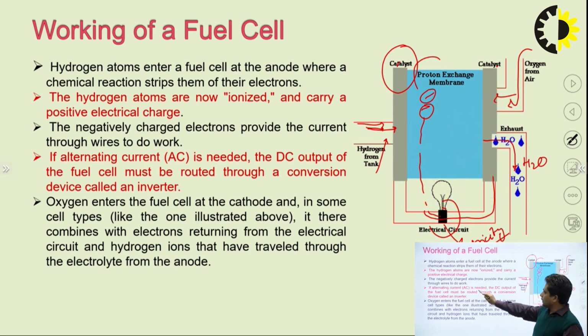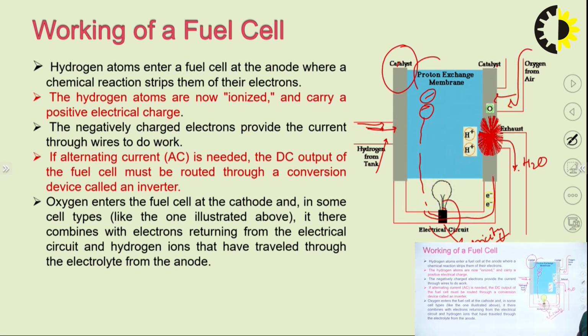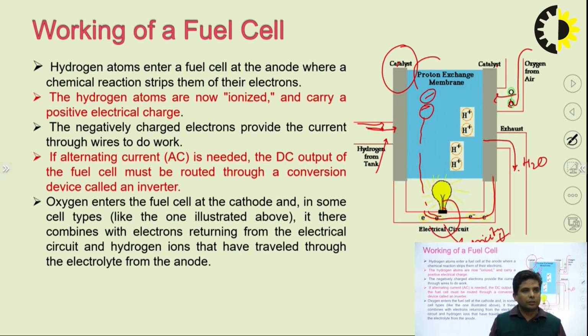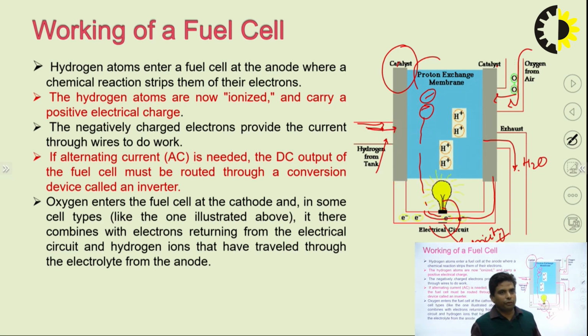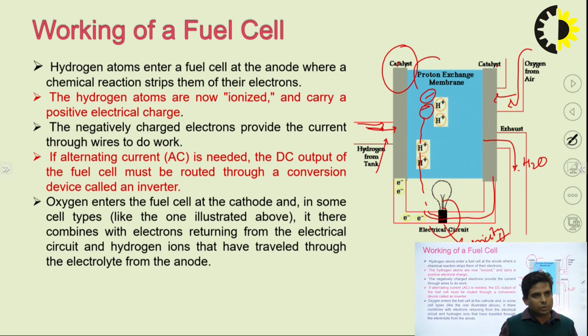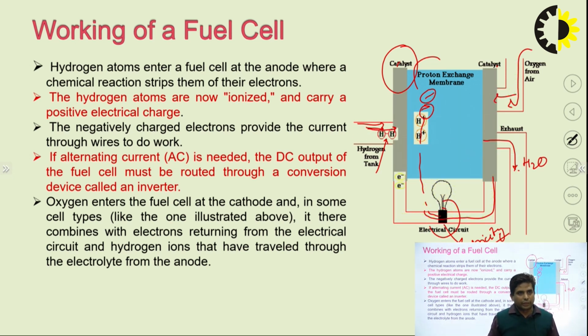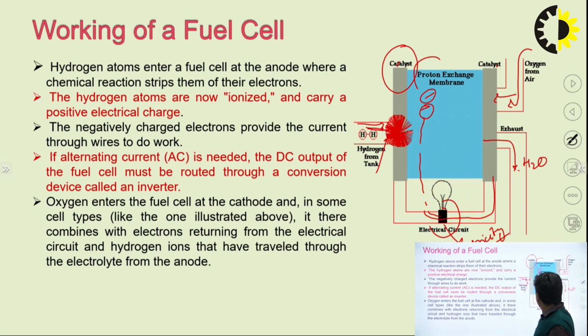If an alternating current, AC, is needed, the DC output of the fuel cell must be routed through a conversion device called an inverter. Oxygen enters the fuel cell at the cathode, and in some cell types it combines with the electrons returning from the electrical circuit and the hydrogen ions that travel through the electrolyte from the anode.